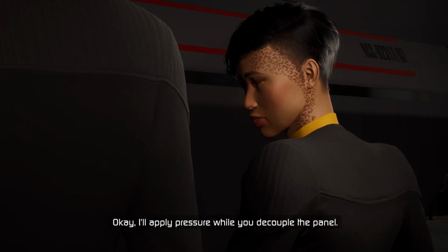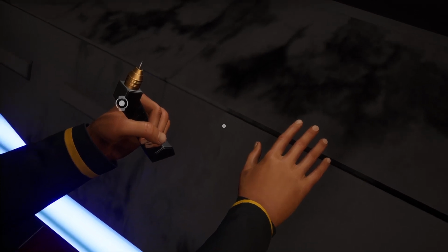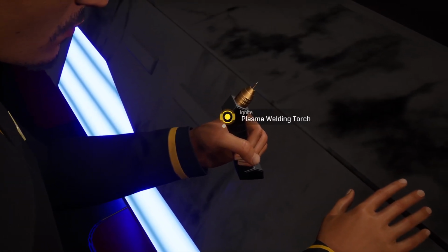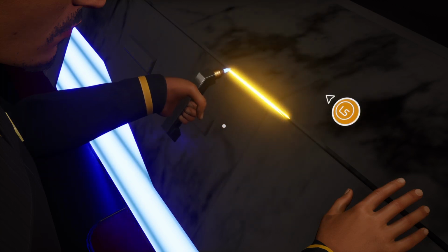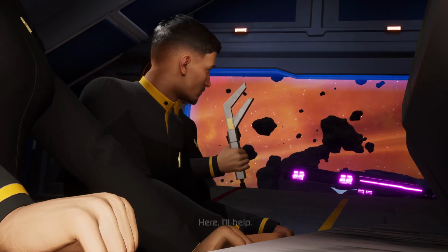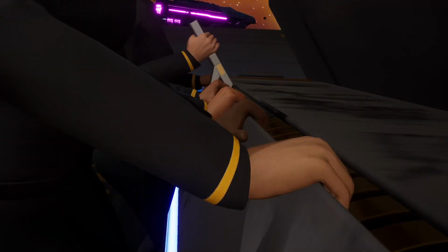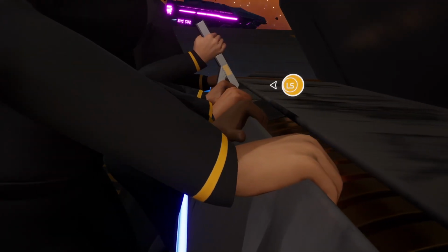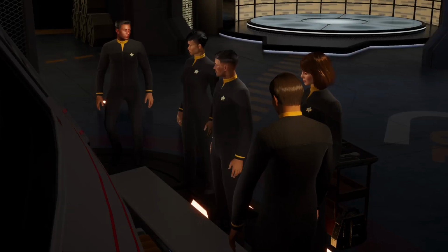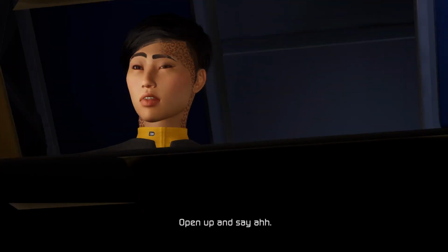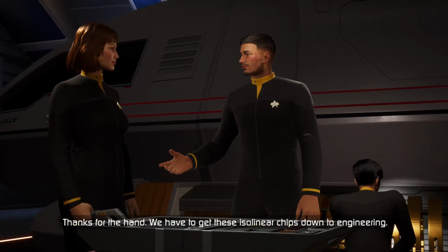Okay, I'll apply pressure for you to couple the panel. Here, I'll help. You got this. Thanks for the hand. We have to get these isolinear chips down to engineering.